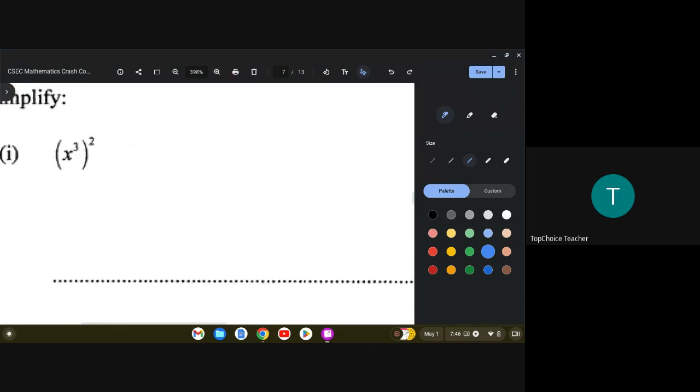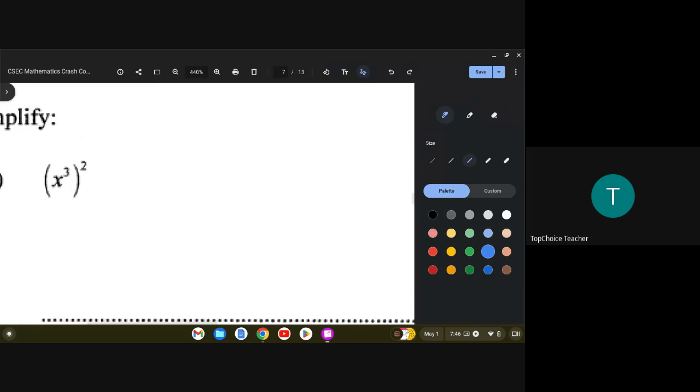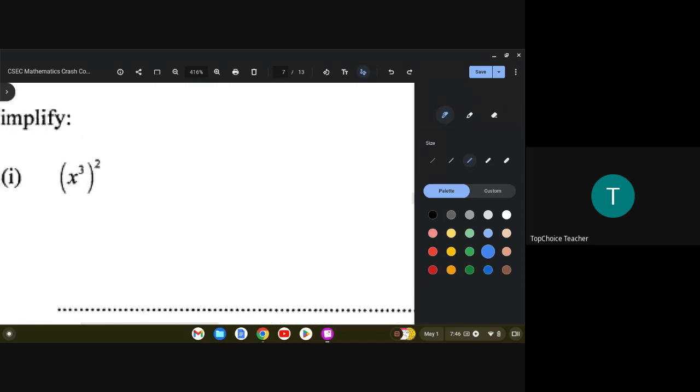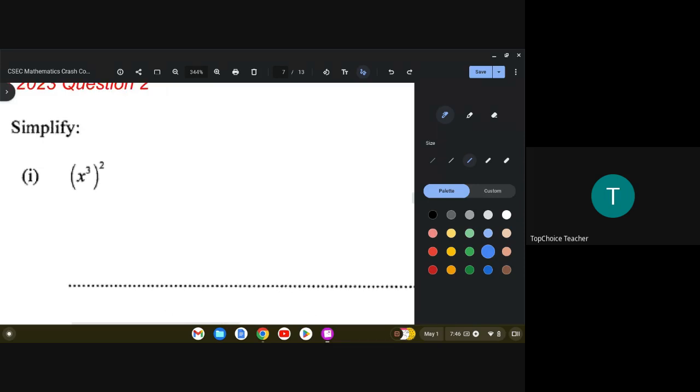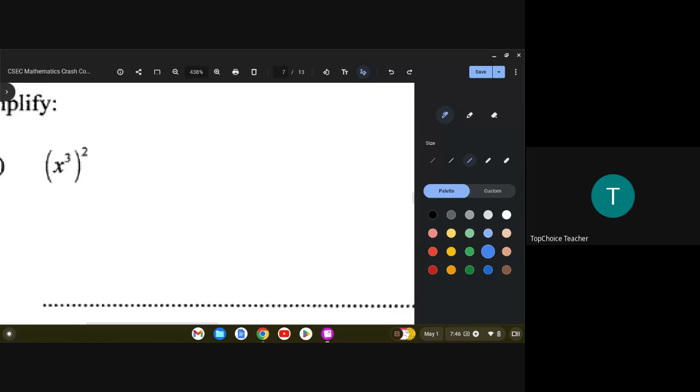So there are rules of indices. How many of you know those rules by heart by now? There are about 5 important rules. If you do not know what I am talking about, take note of that: rules of indices. Please, that is the topic that will be coming. So let me show you an easy way to do this.